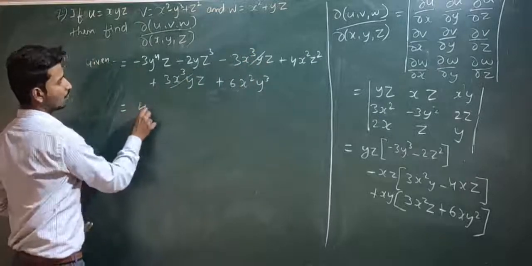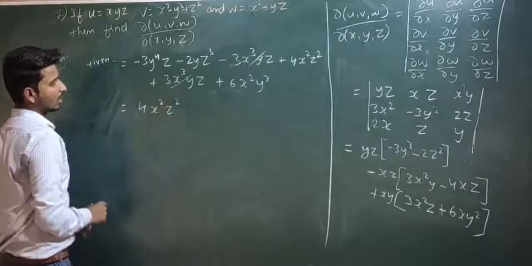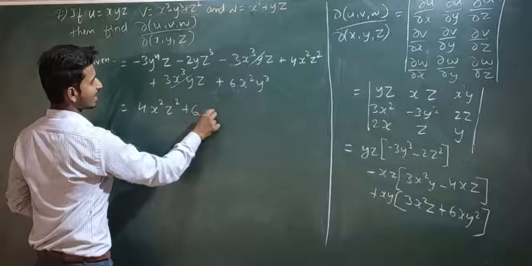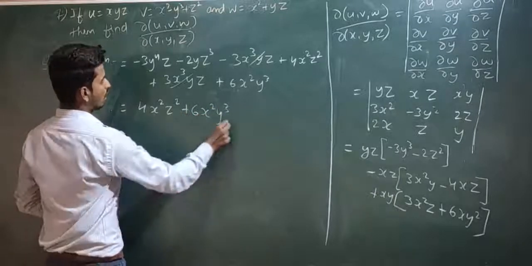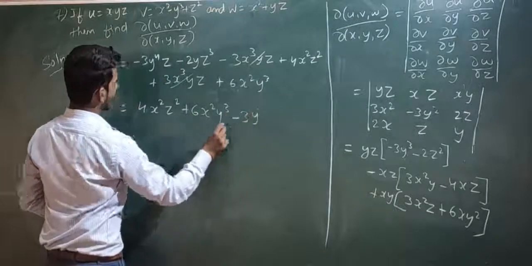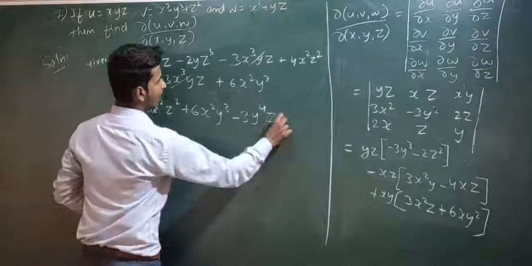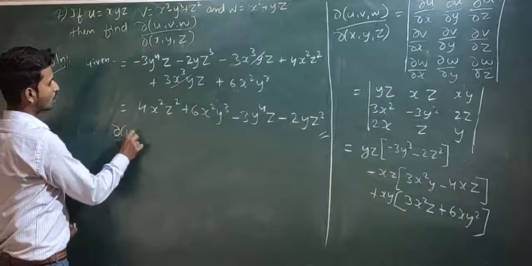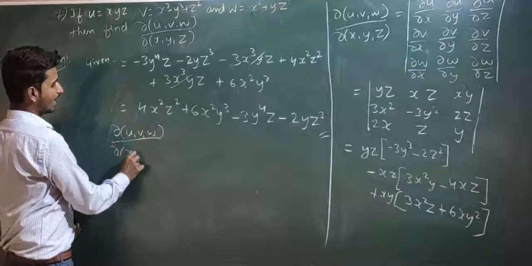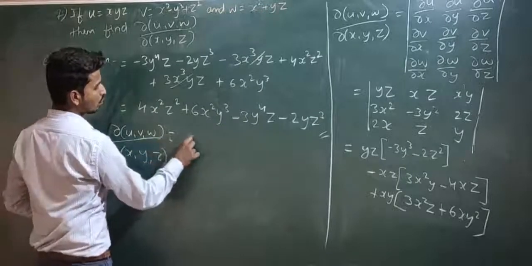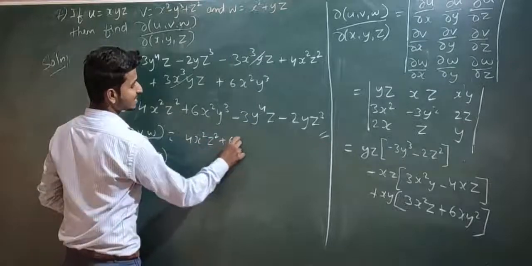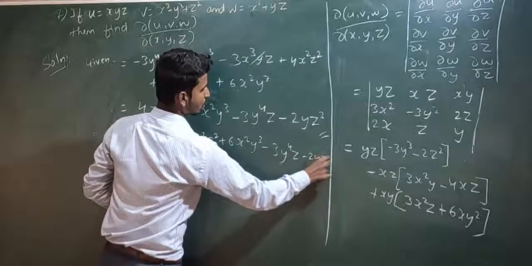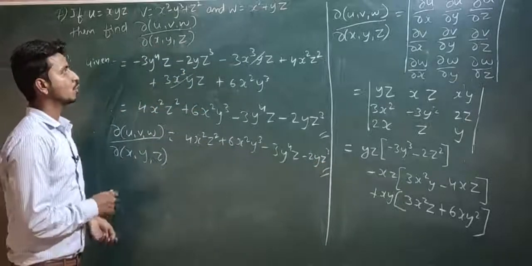Then the remaining terms are 4x²z² plus 6x²y³ minus 3y⁴z minus 2yz³. This is the value of the Jacobian, therefore ∂(u,v,w)/∂(x,y,z) is equal to 4x²z² plus 6x²y³ minus 3y⁴z minus 2yz³.